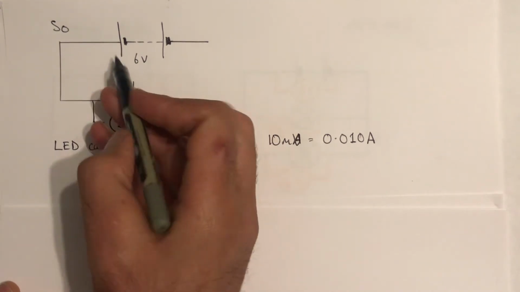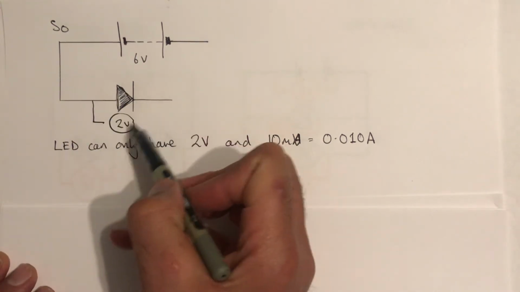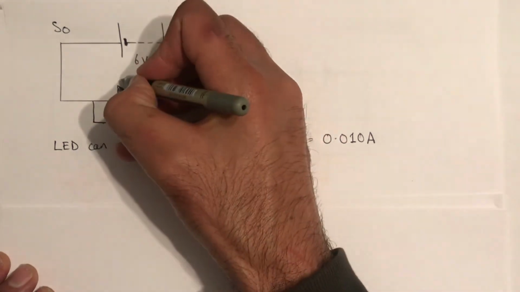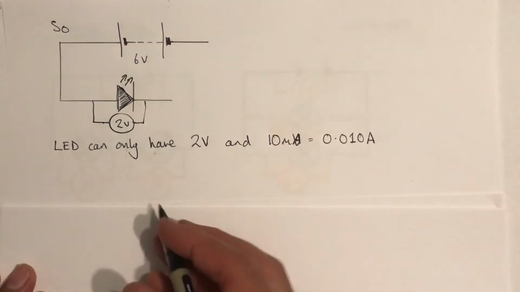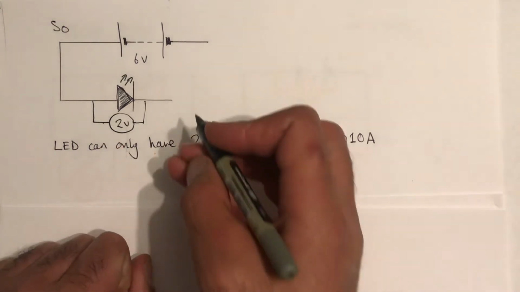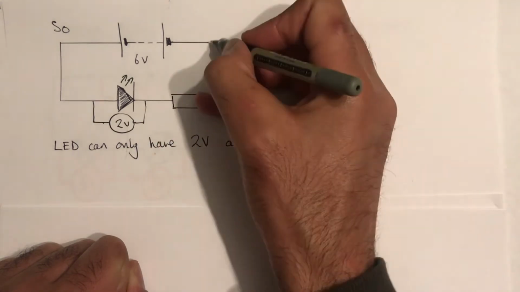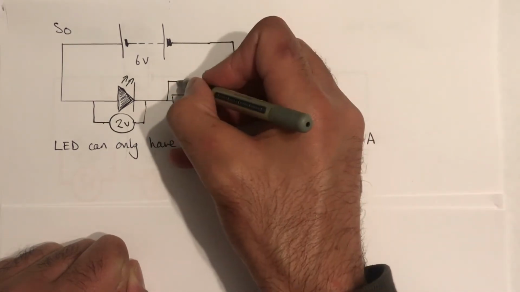Now if you look at this, I've set it up with the positive side going round in the direction of the arrow, so that's looking good, so we'll get current flowing. And because it's a light emitting diode, it will give off light, which is what the little arrows represent. Now I need to use up 4 volts, and how can I do that? Well, the answer is I need to have a resistor in this circuit, which is going to have a voltage of 4 volts across it.